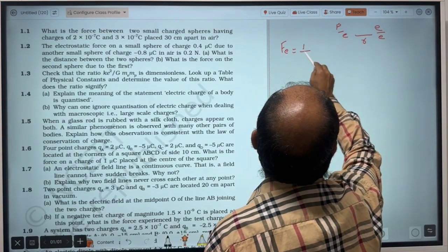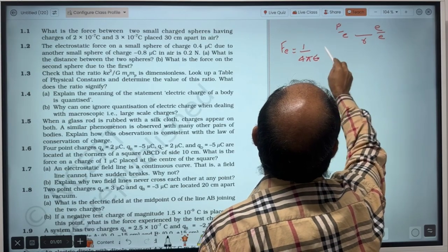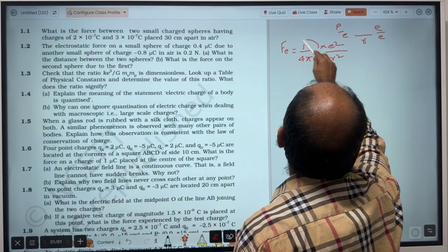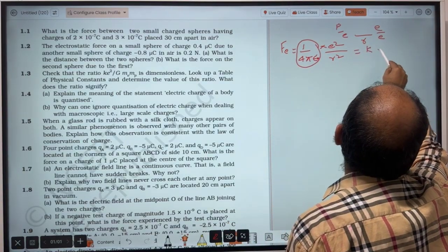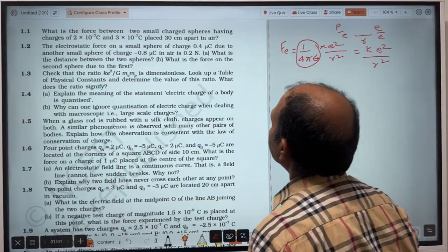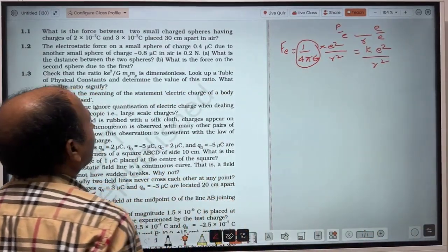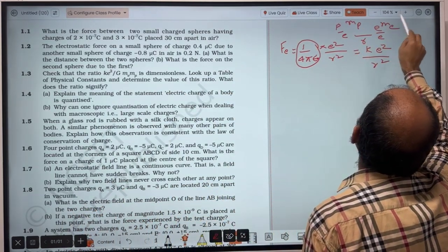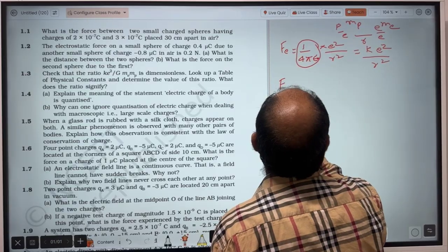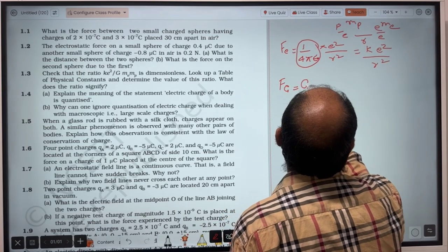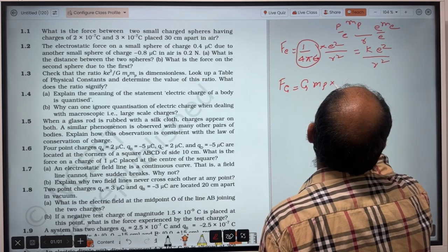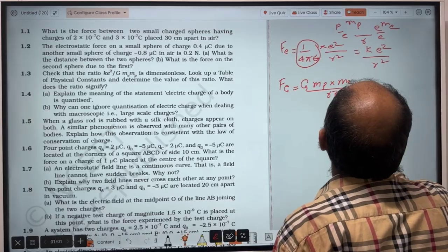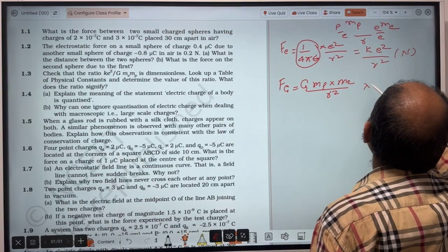So the force will be 1 upon 4 pi epsilon naught times e into e, that is e squared, divided by separation r squared. Here we can take this as K. So K e squared divided by r squared. This is the electrostatic force. Now, if the mass of the proton is mp and the mass of the electron is me, then we calculate the gravitational force Fg as G times mp into me divided by r squared. This is also a force. It is in Newton. This will also be in Newton.